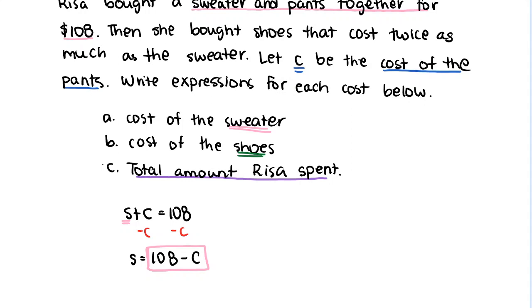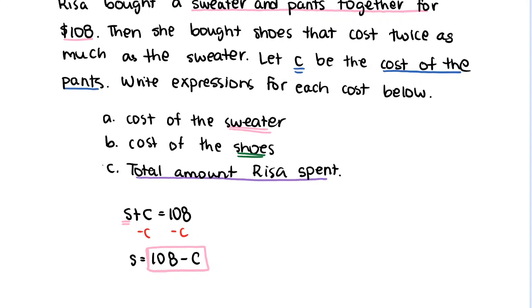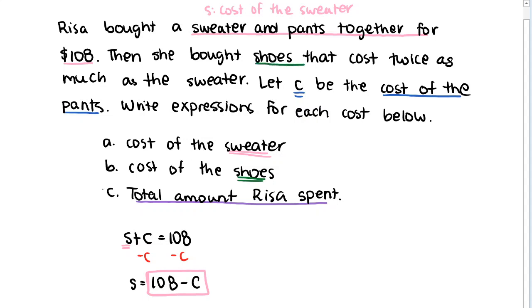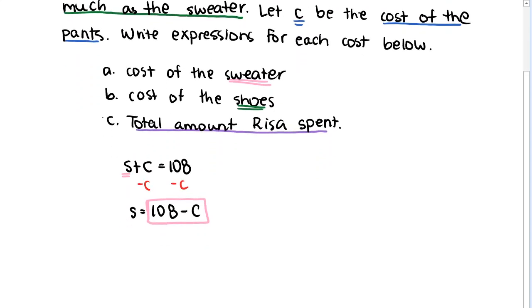What about the cost of the shoes? How do we get the cost of the shoes? Well, it says, then she bought shoes that cost twice as much as the sweater. Maybe I'll write this out in words instead of symbols. I think maybe this will be a little bit more clear.